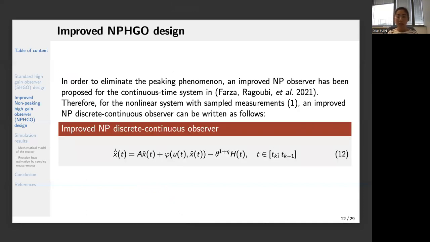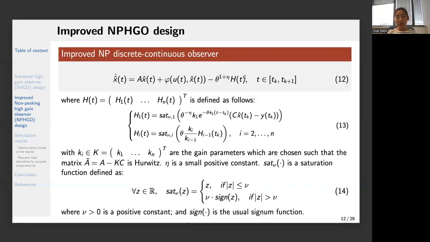Here, equation 12 gives the general form of the non-peaking high-gain observer. This observer design is based on the continuous time observer design, and in this reference I will give more explanations.